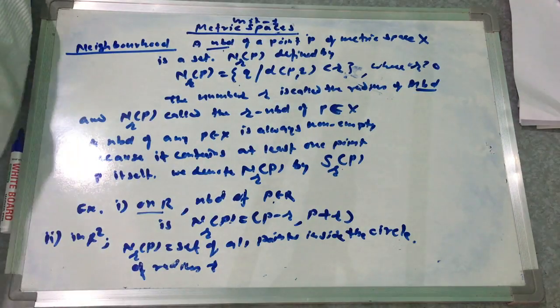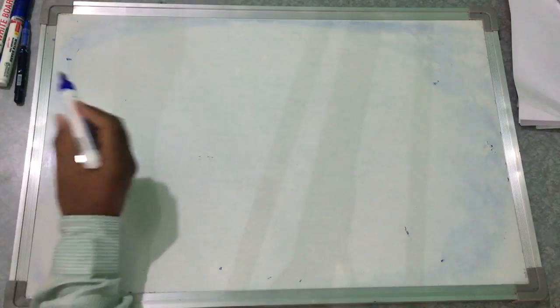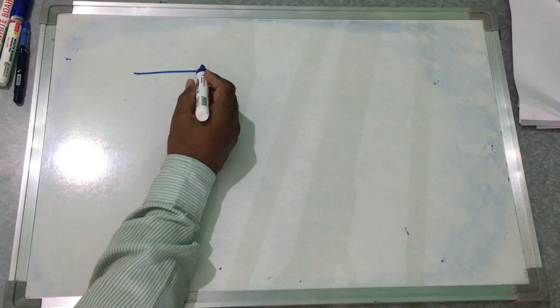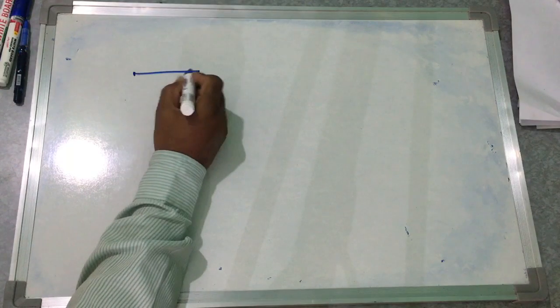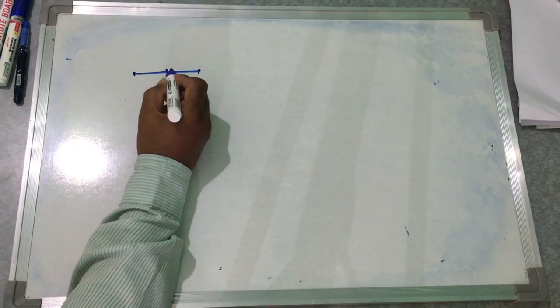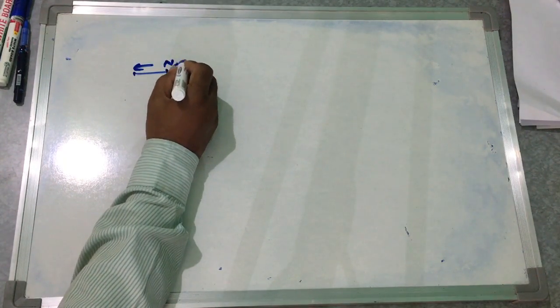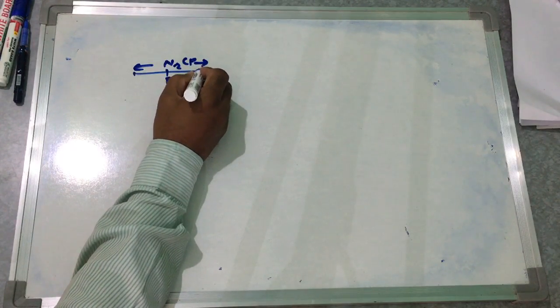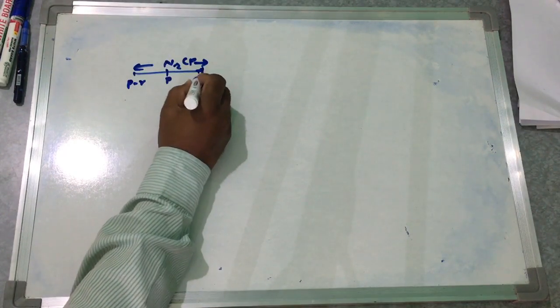Suppose this point P is here; N_r means up to this distance. So this is P minus r, this is P plus r.